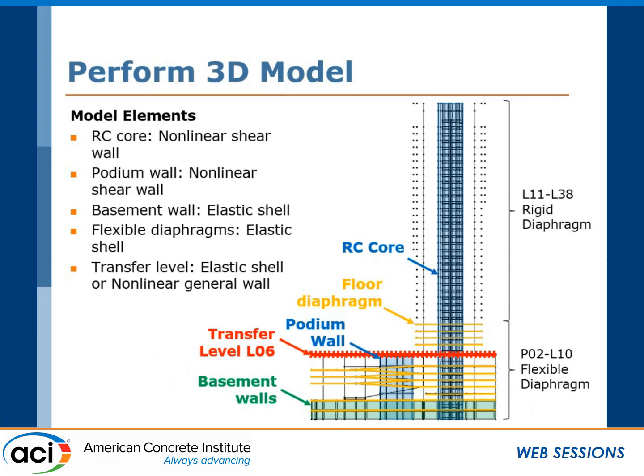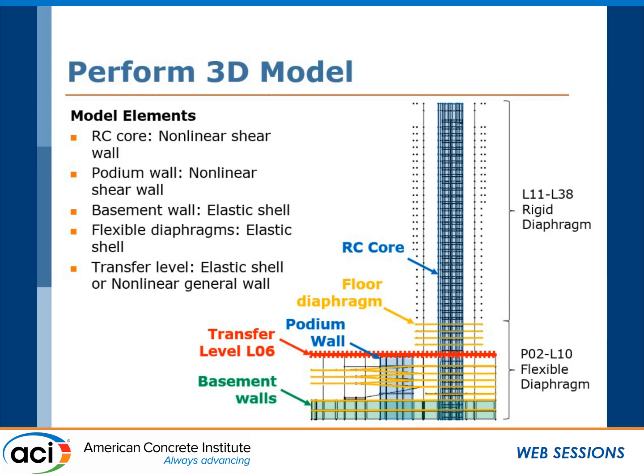For the Perform 3D model, the RC core was modeled using a nonlinear shear wall. Podium walls were also nonlinear shear walls, and basement walls were elastic shell, while the diaphragm for the transfer level was elastic shell.